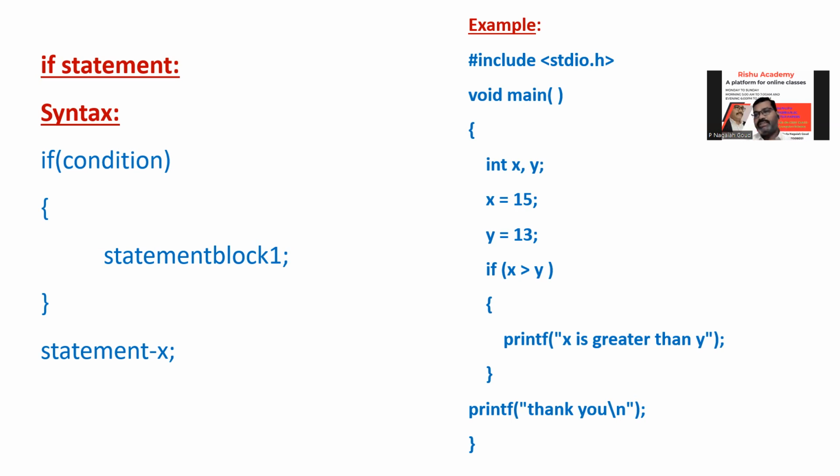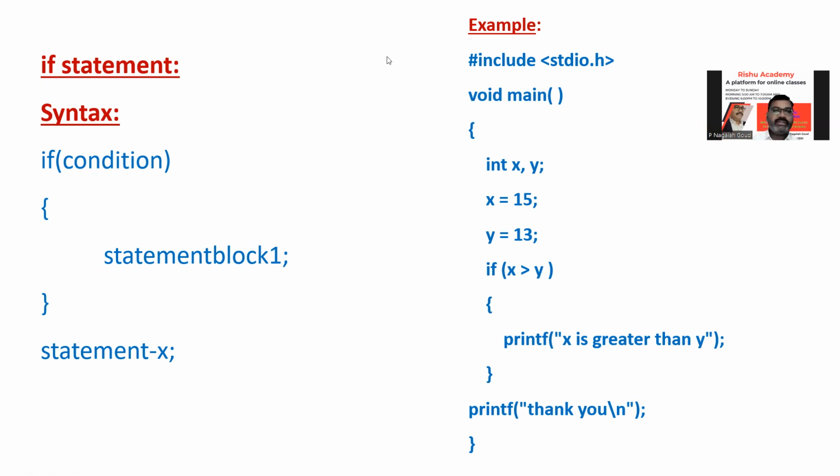We need to decide whether to execute the part of the program or not. If the condition is true, then we execute the part of the program. If the condition is false, we simply skip that part and come out of the if statement.